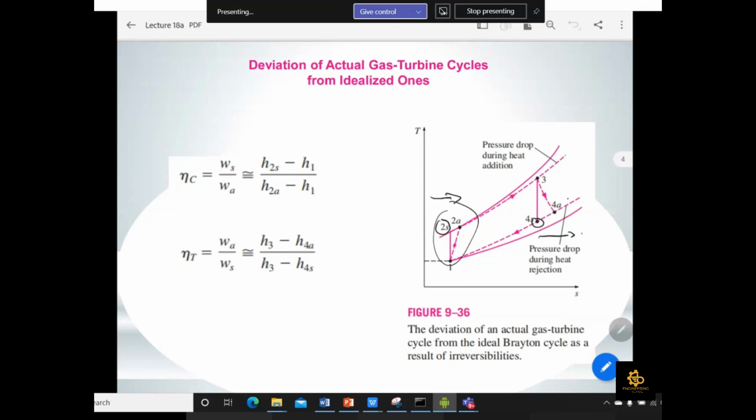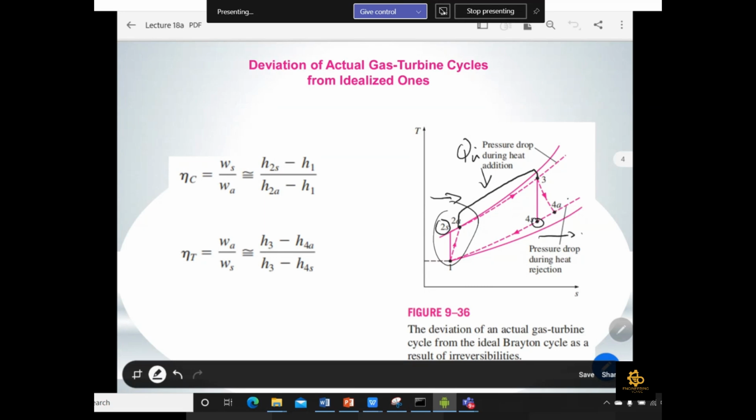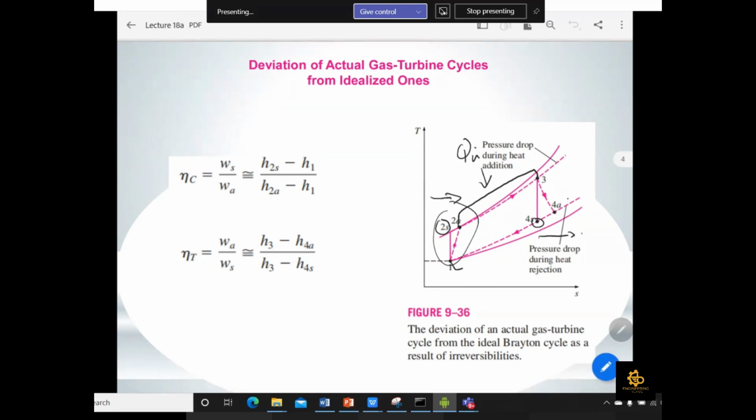Now the process from 2a to 3 is your Q in, the actual heat addition, and the actual heat rejection is now from 4a.